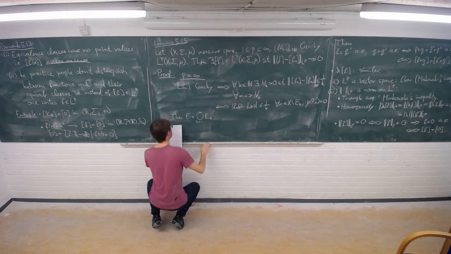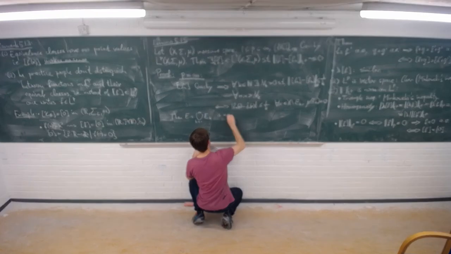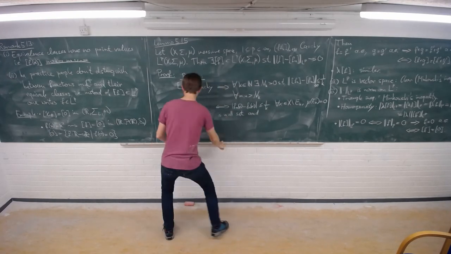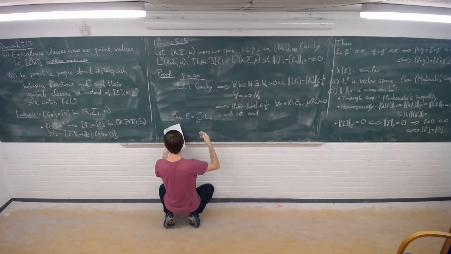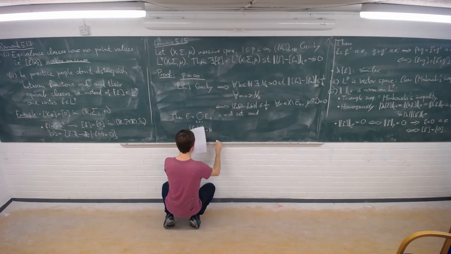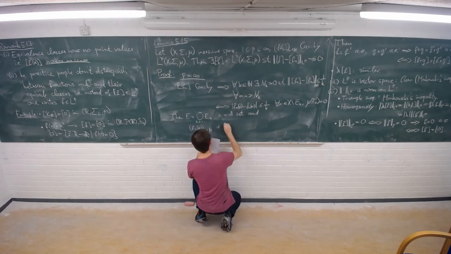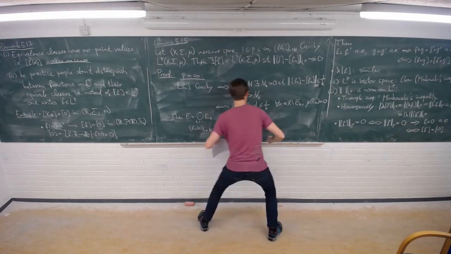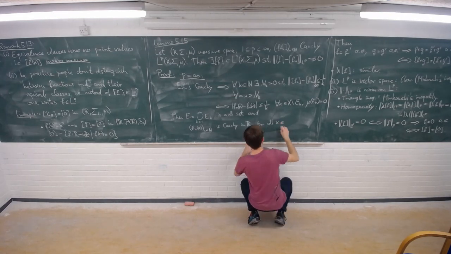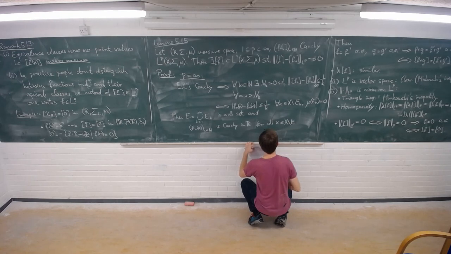So let's call this union E. And then pointwise, the sequence Fn of x is a Cauchy sequence in R for every x in X minus E.